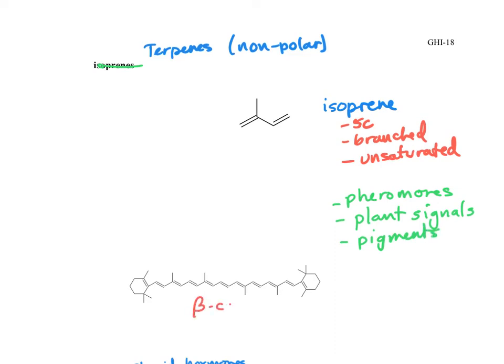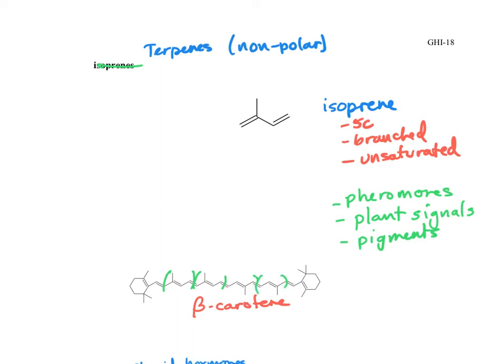This is called beta carotene. And if you were to count the number of carbons up, you would find that there are a multiple of 5. And what we can also see is pretty much you can see the presence of these isoprene units like that. You can see them all up and down here, those 5 carbon units.